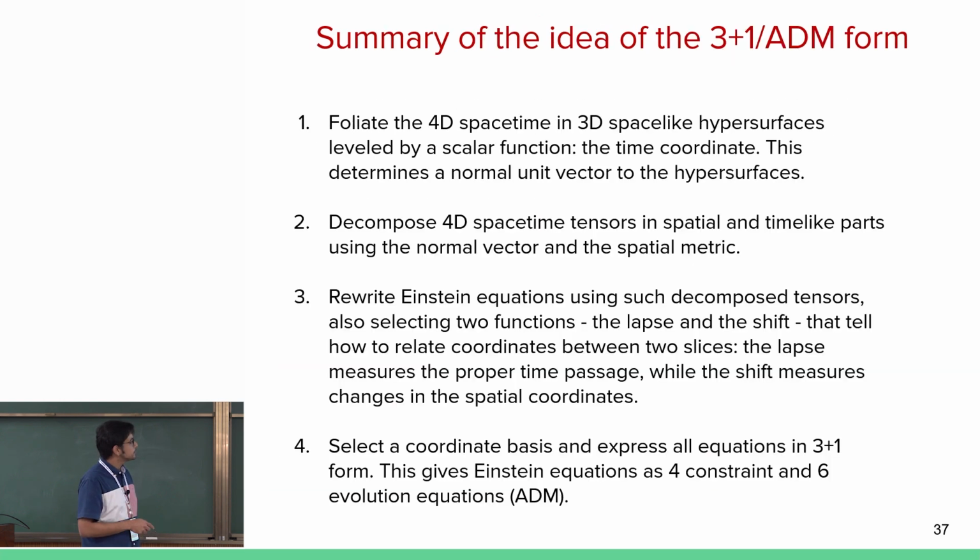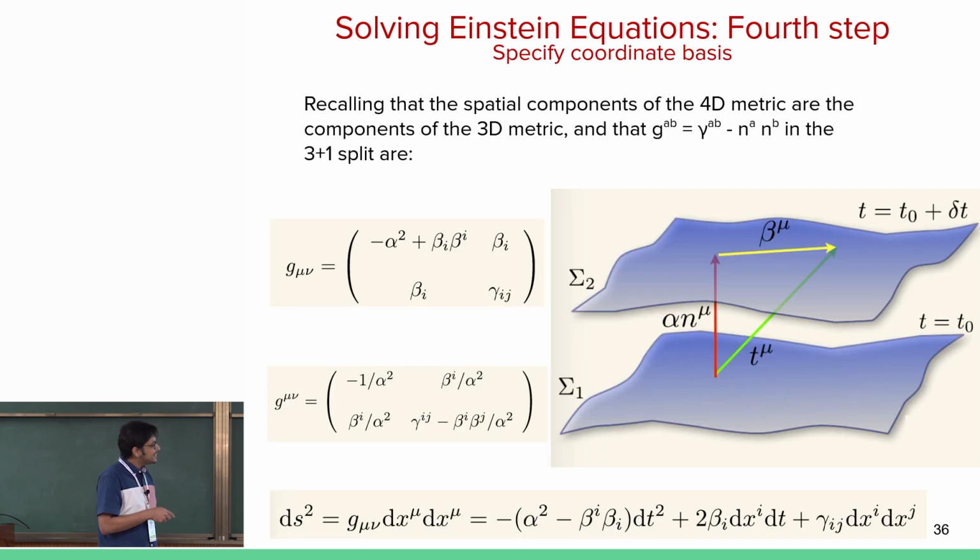So now, a summary of the idea that we have. This is usually called the ADM form, Arnowitt-Deser-Misner form. In fact, that's sort of a misnomer. These equations that we have described and are commonly used are a rewrite due to York of the original ADM equations.